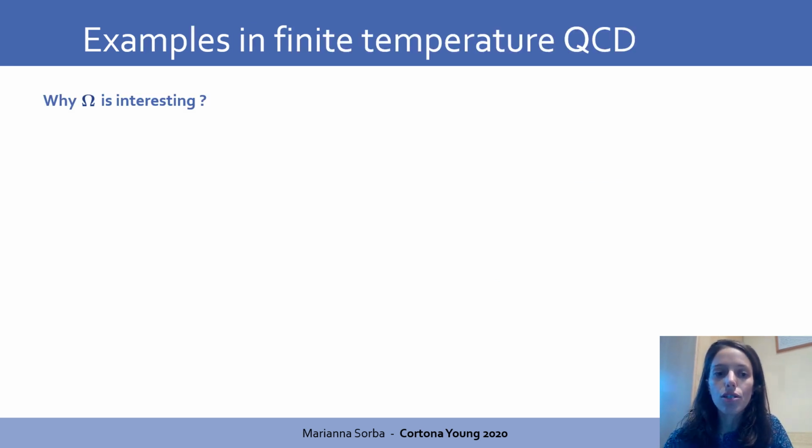So, in conclusion, we ask why should we be so interested in this function omega? The answer lies on the fact that there are many examples of Ising behavior in the finite temperature QCD, related in various ways to the confinement phase transition.